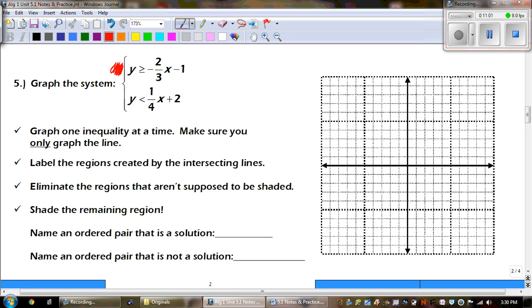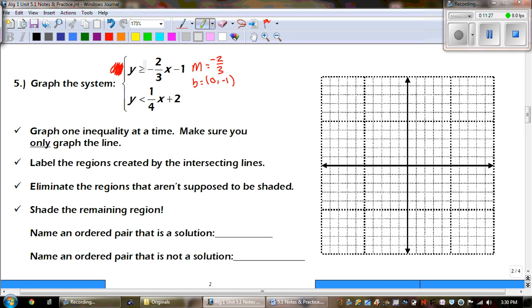Okay? So when I'm graphing, I need to know my slope. And my slope is a negative 2/3. And my y-intercept is -1, or 0, -1. So the m is my movement, my slope, and the b, that's where we begin. Okay?